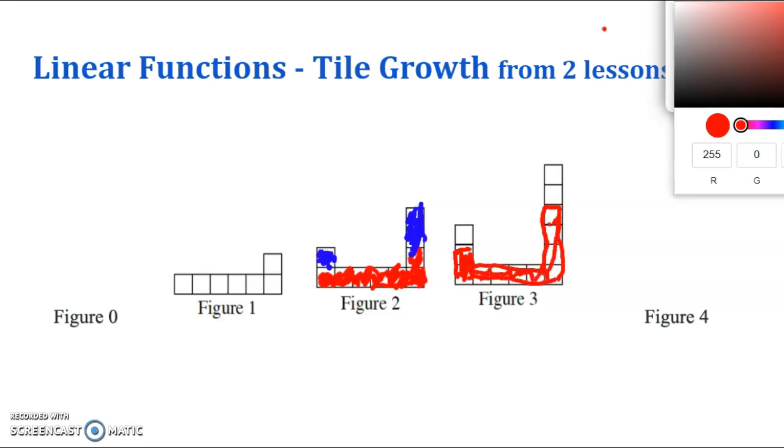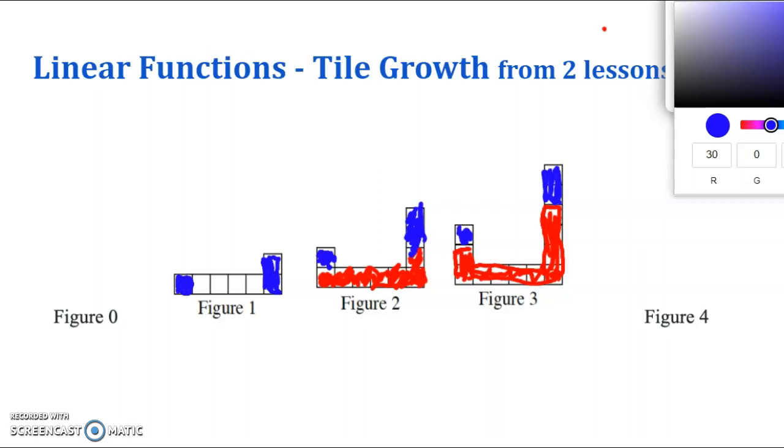We can shade this in really quickly, and then easily figure out that this one was added and this one was added. The blue indicates the new tiles that were added, and the red indicates the previous figure. So I bet 2 were added on the right arm and 1 on the left arm.